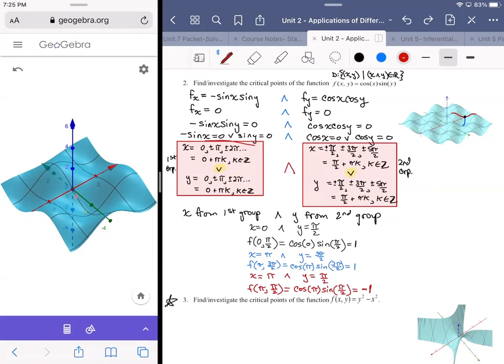So I would need any instance from the first group, if I want a relative max, if I'm just focusing on the x's, I would need some value that's going to give me the same sign as whatever value I choose for my second group.